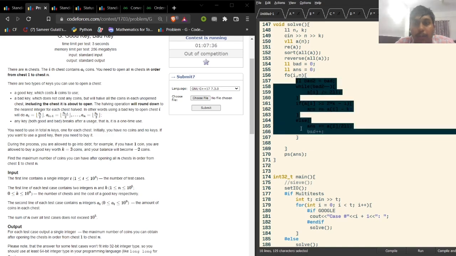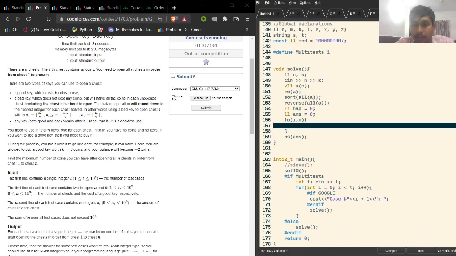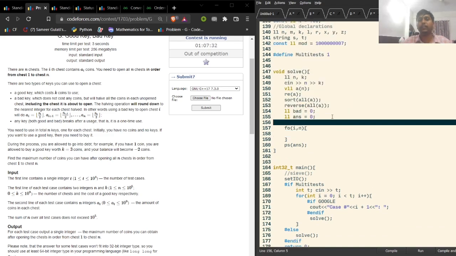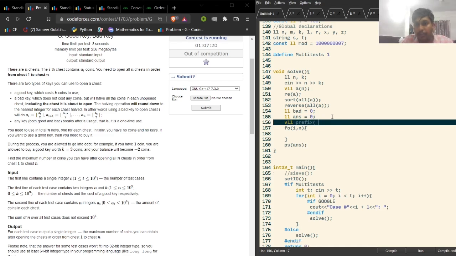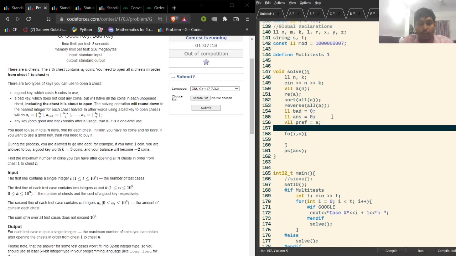Let's consider it as a sum of two sums. So let's just calculate the prefix sum first of all. vll prefix of n. Okay, prefix of i is equal to a i. Then from 1 to n, prefix of i plus equals prefix of i minus 1.